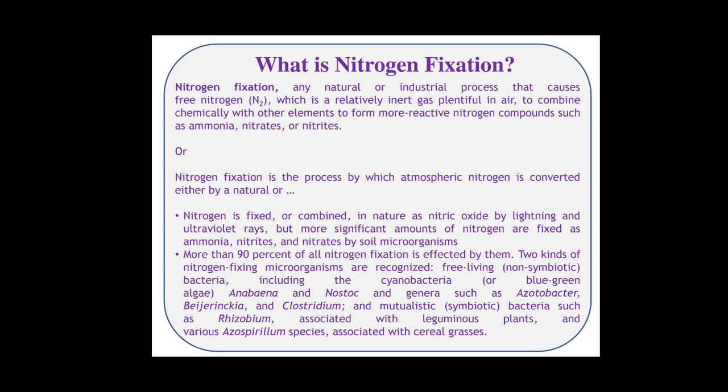When there is lightning in the atmosphere, the nitrogen present in the atmosphere dissociates into simple nitrogen atoms, and those atoms combine with hydrogen and oxygen present in the atmosphere, so they can form nitrogen compounds which can be used by plants or living organisms on the earth. More than 90% of all nitrogen fixation is affected by microorganisms.